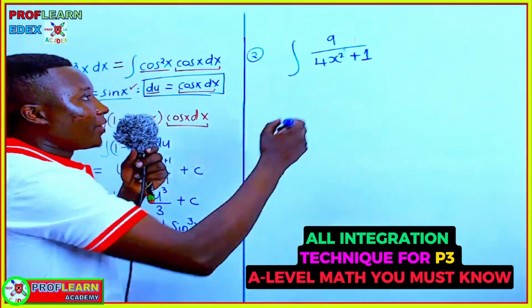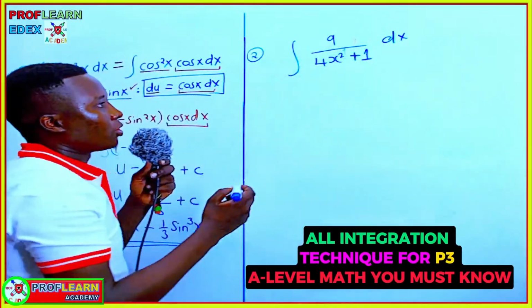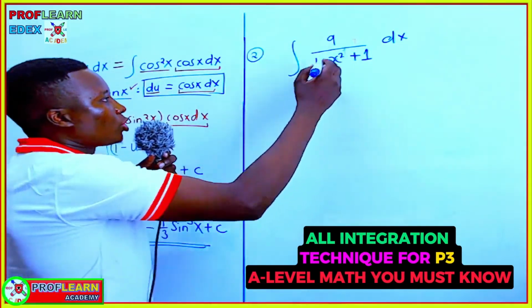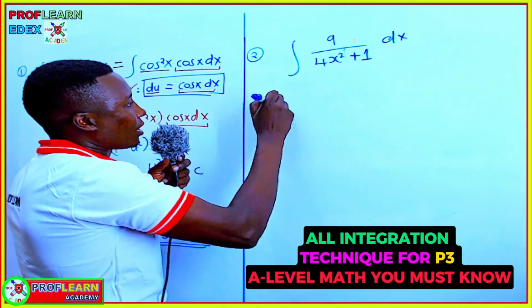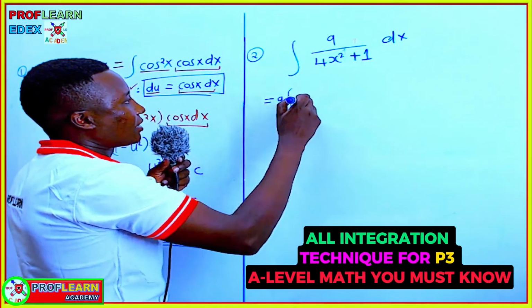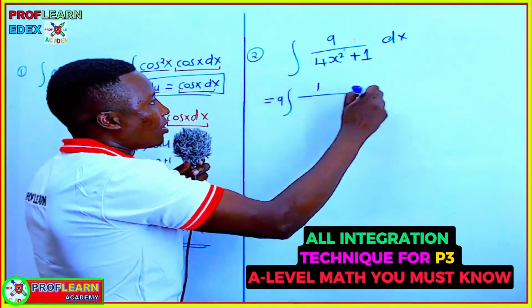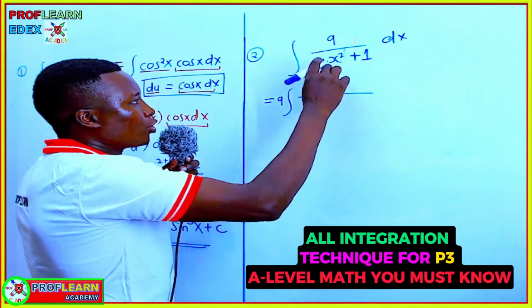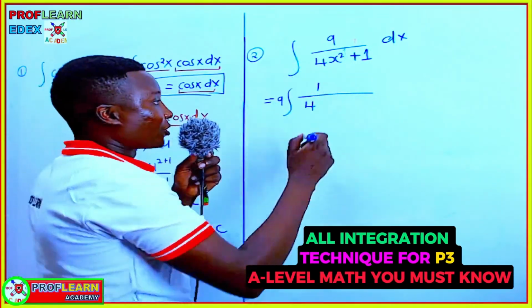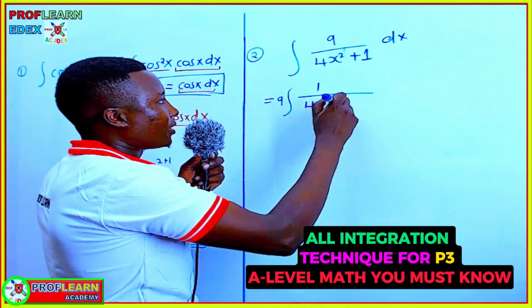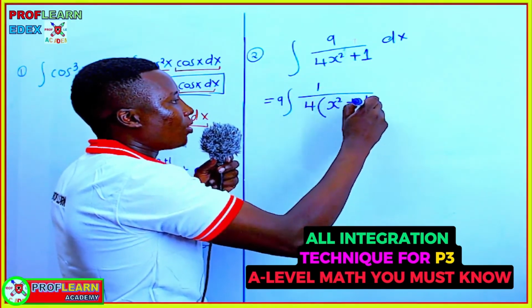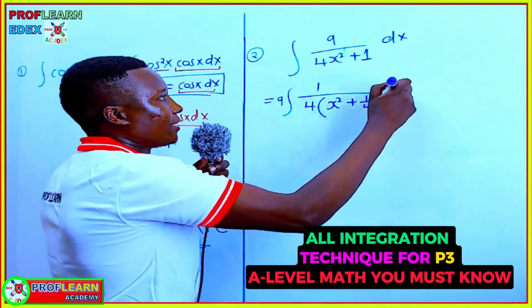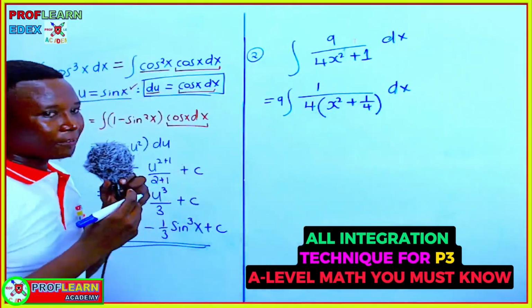In the event you are given this kind of question, you need to ensure that you take this 9 out, so that we have 9 times integral of 1 over, and I'm going to factor this 4 out also, so that I remain with x squared plus 1 over 4, with respect to x, right?